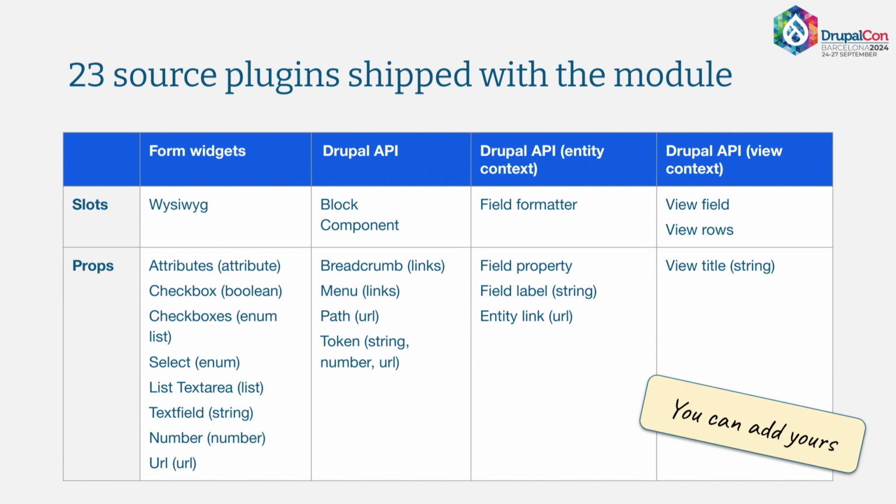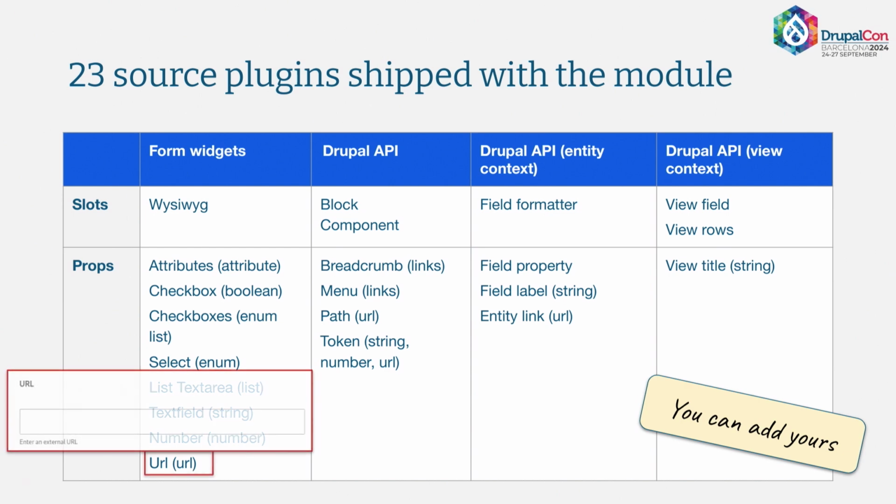Prop types are used to find sources. Sources are small plugins where we take data and send it to the prop or the slot. So thanks to the typing of the props, we can propose to the contributor or the distributor the best sources we can find. Some sources are very simple: you fill in the data, checkbox for Boolean, that's all, and the data is coming. Some sources go to the Drupal API. For example, URL, you just fill in a URL, simple.